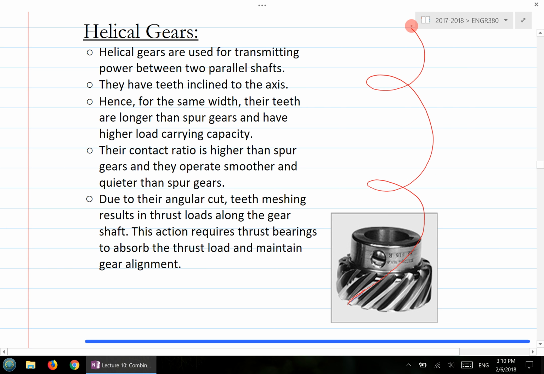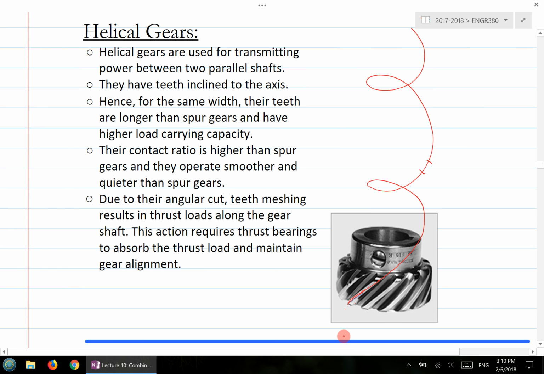In the previous courses you learned what a helical curve is. If you take a small segment of this helical curve out, that's basically this portion of the profile here, the helical gear.